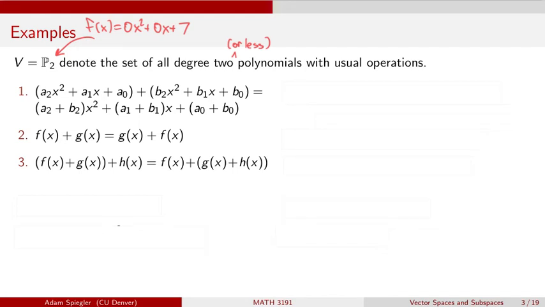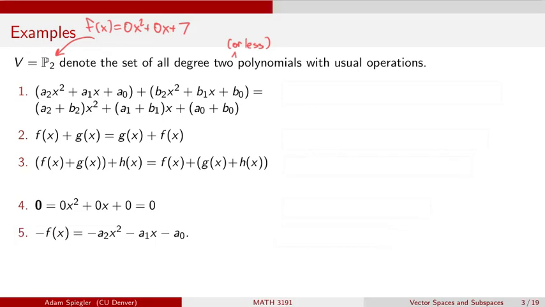These properties all follow from the fact that addition of the coefficients satisfies these properties. For the 0 vector, the 0 vector in this case would be the polynomial that is 0x squared plus 0x plus 0. So our 0 vector here is just the polynomial f of x is equal to 0.